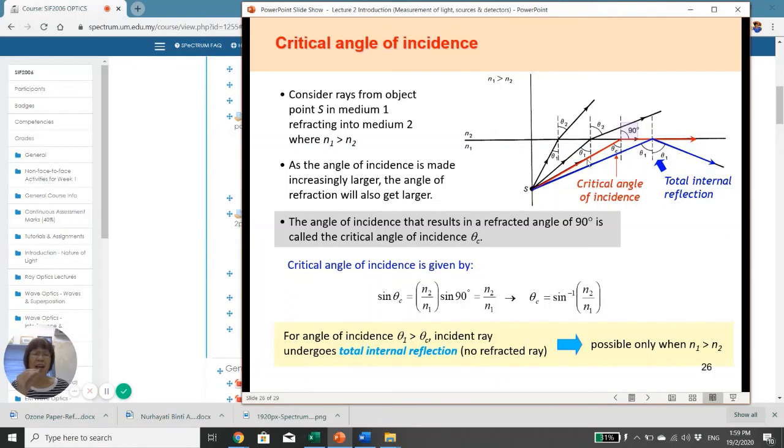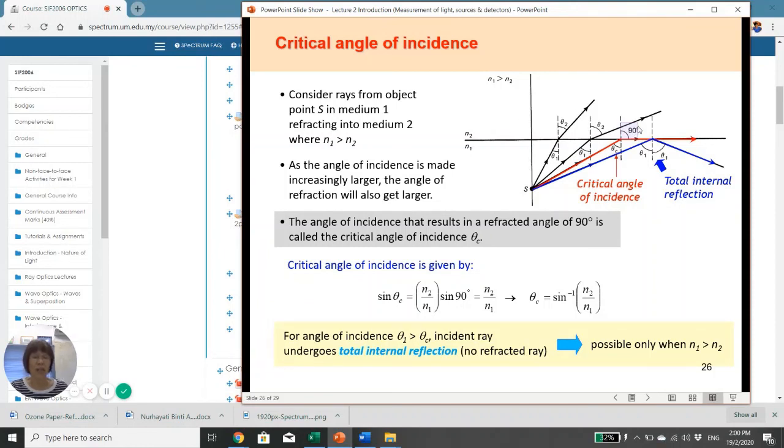Tipping it a little more than the critical angle, you find that the beam will not escape. It will be reflected into the water. So we have total internal reflection. At the critical angle of incidence, we have n1 sine theta c equals n2 sine 90.